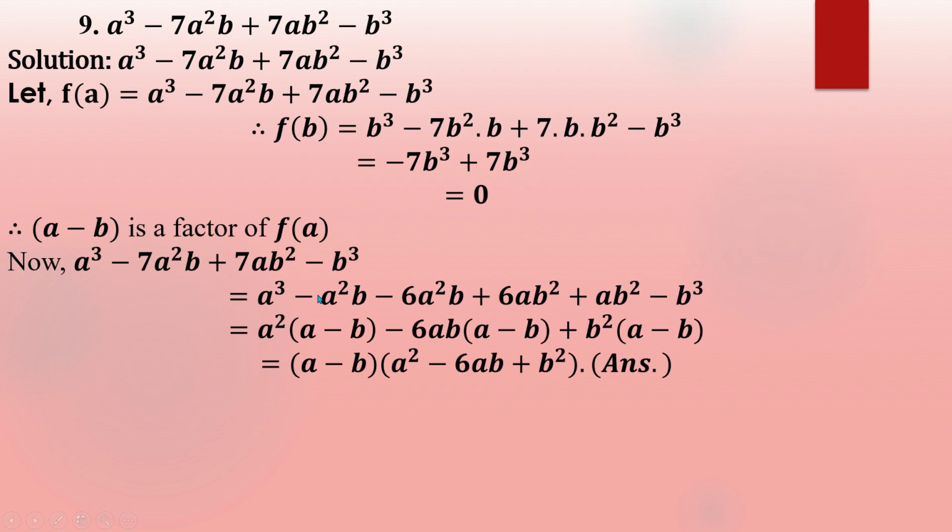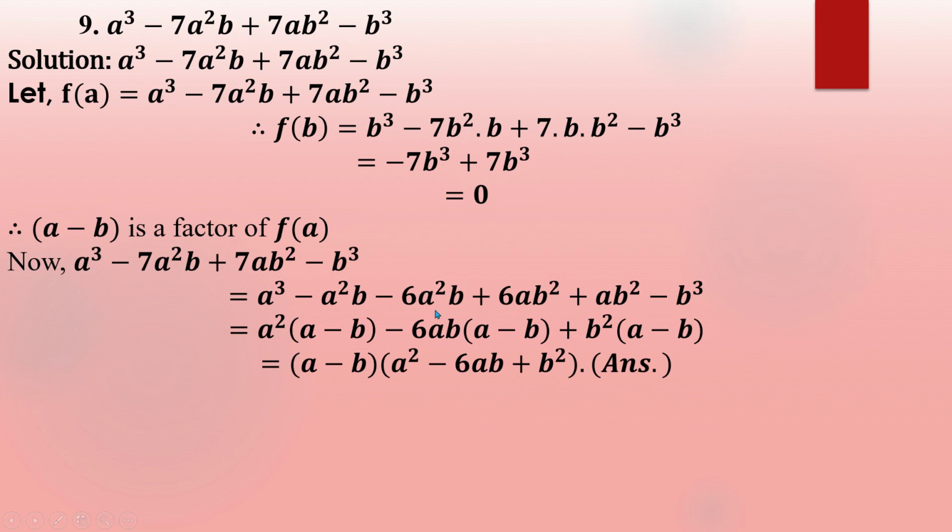Now at first write a minus b, a minus b, a minus b. Now matching with a cube, we have to take here a square. So here will be a cube minus a square b, and here is given minus 7a square b. So we have to take here minus 6a square b.